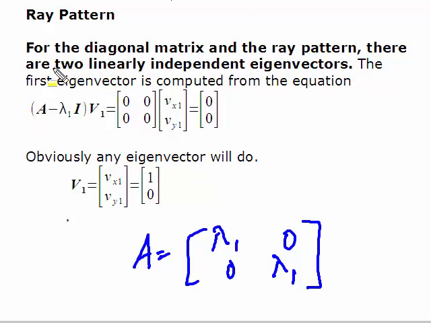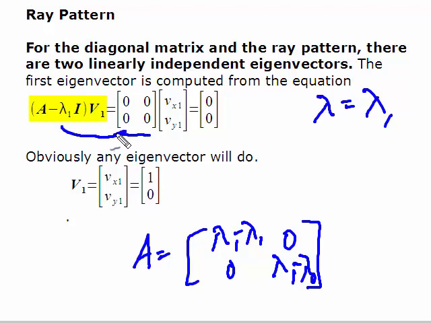The eigenvector is a solution of this equation, A minus lambda I times v1 equals 0. Our eigenvalue is lambda 1, so if I subtract it here and here, all I get is a bunch of zeros. These are the coefficients of the vector v, and they have to equal 0.